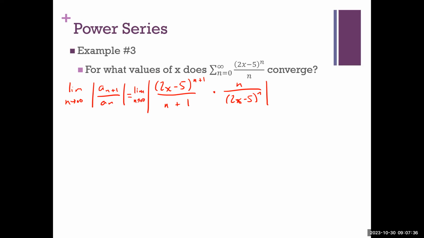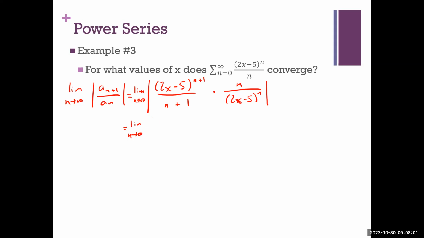Okay. So I am trying to understand this limit. Can we go any further? What simplifies for us? Go ahead. The (2x minus 5) to the power of n cancels, and that leaves 2x minus 5 in the numerator. Okay.